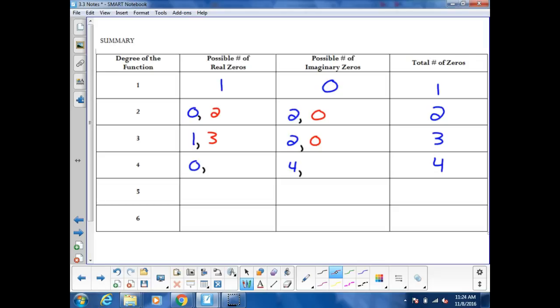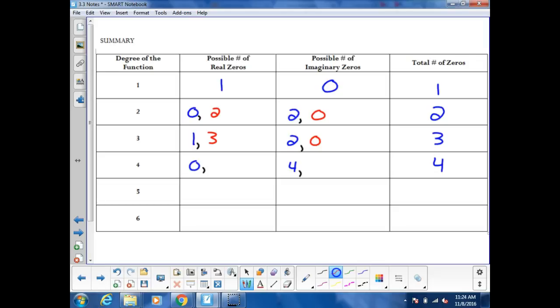If I had one real zero, that means I'd have how many imaginary zeros? If I had one real zero, that means I'd have 3 imaginaries, right? And what's wrong with 3 imaginaries? Not in pairs. So I can't have 1. Can I have 2 reals? Yes.